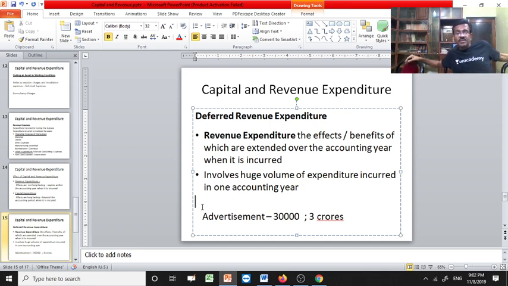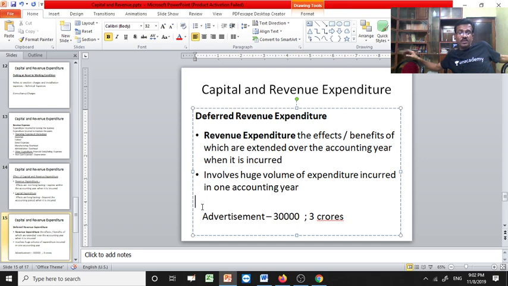You are going to defer the charge. Deferring means postponing, so you are going to postpone the charging. You are not going to charge it off fully. You are going to slowly charge it over a period of years, as the benefit is expected to be given out of such expenditure.